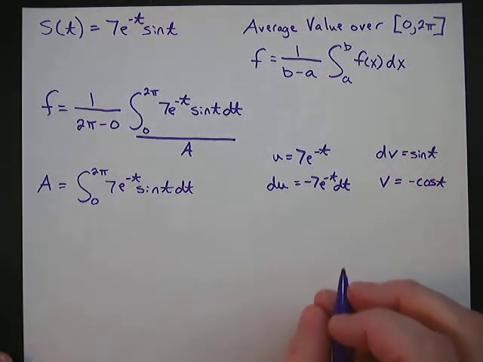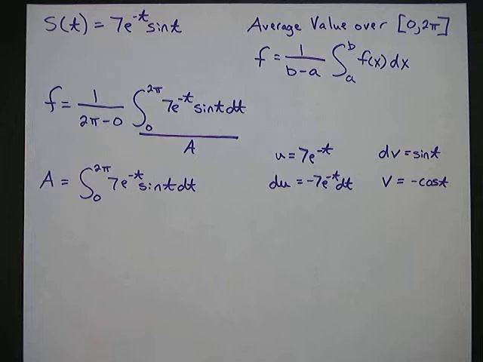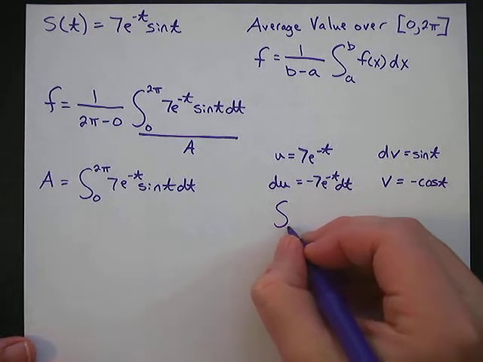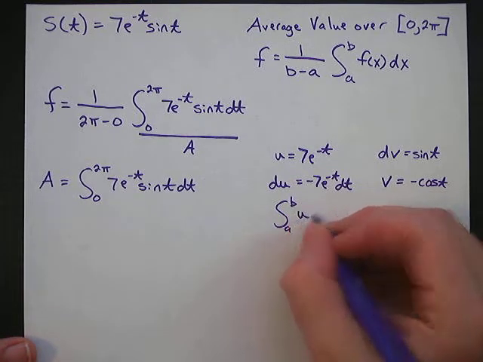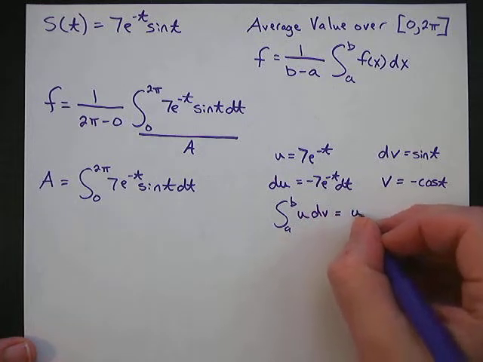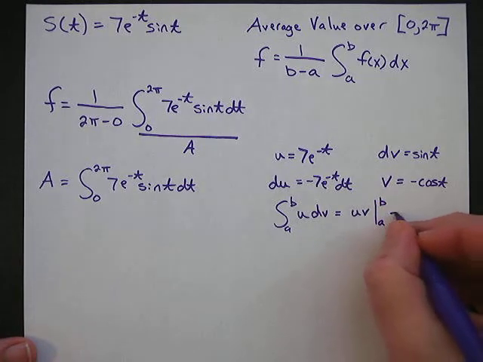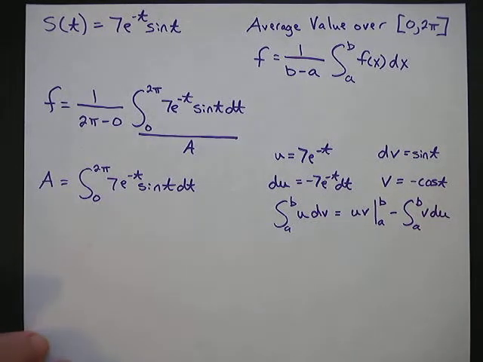Okay, and just in case you don't recall, integration by parts will give you the formula here. If you have the integral from a to b of u times dv, that's equal to uv integrated over that a to b minus the integral from a to b of v du. So we're going to be using that formula.